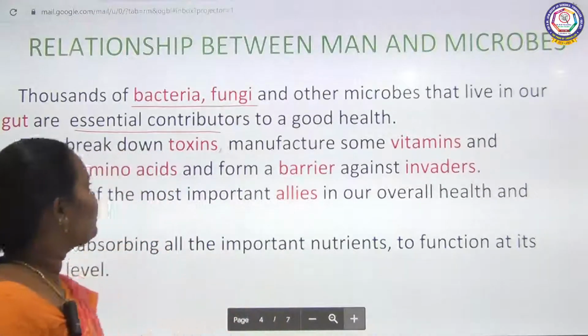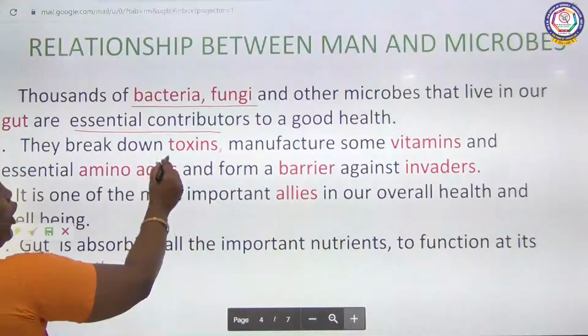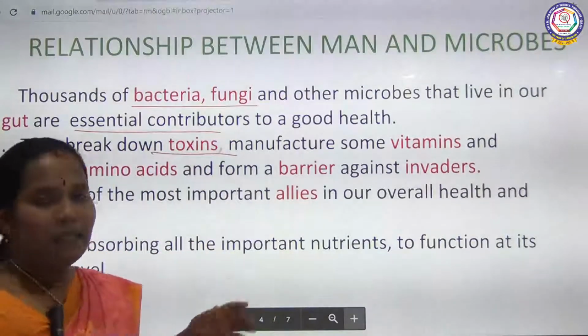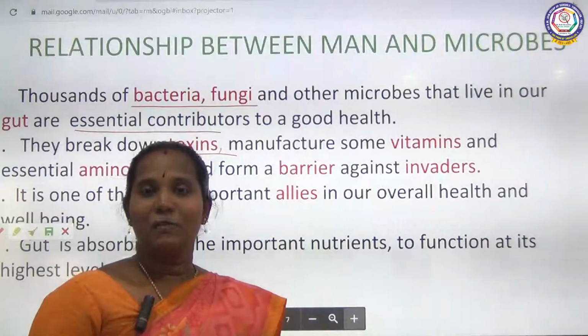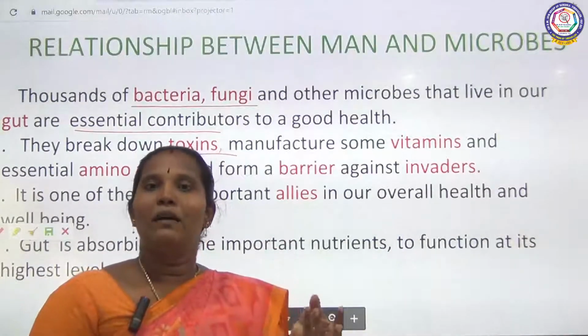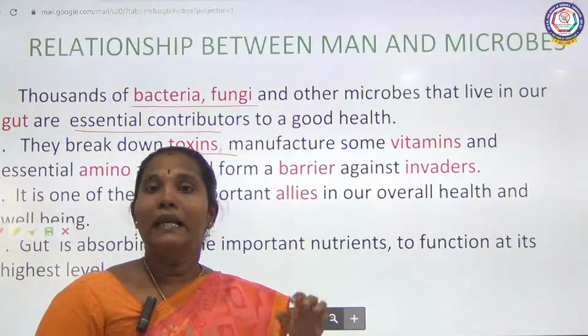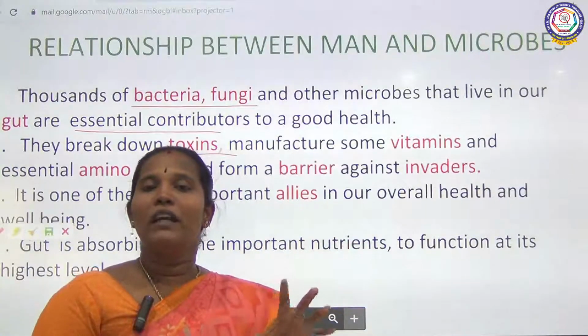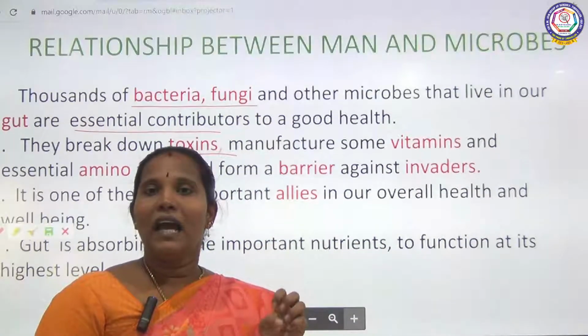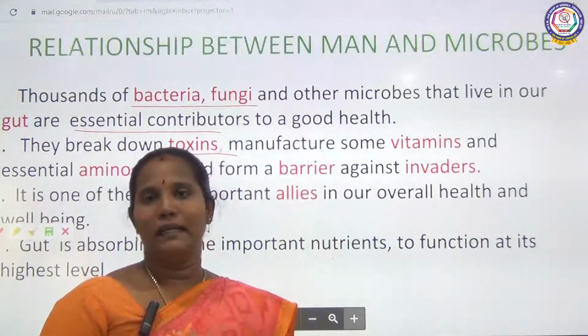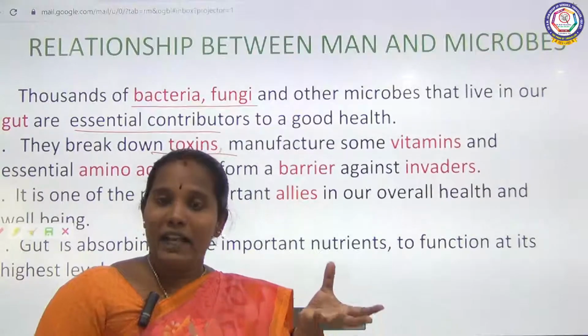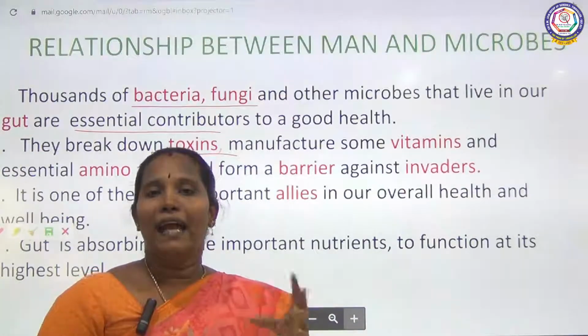See, they break down toxins. Toxins means foreign particles; if they enter into our body, these microbes work against those foreign particles. After that they swallow those particles and digest them.